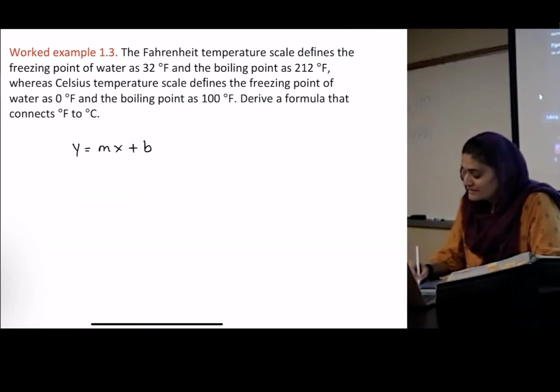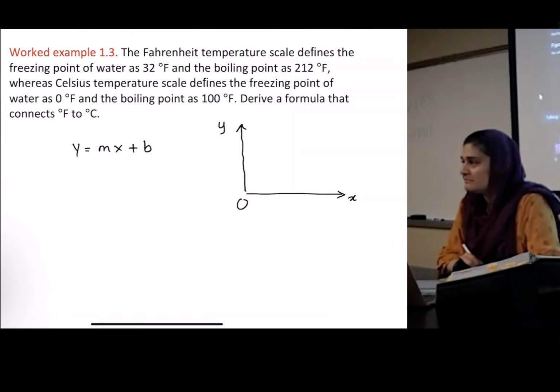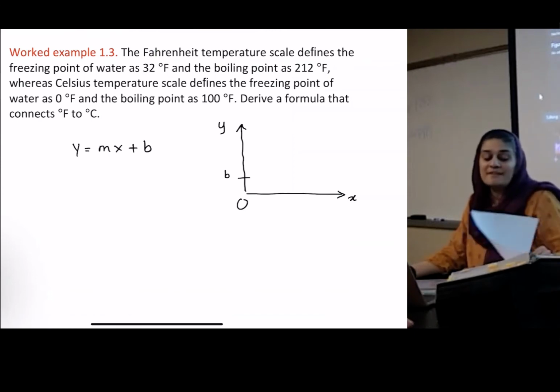So you need coordinates, X and Y, and you need your origin, X, Y, and what is B? Any point in which that line may hit. Now that you have that done and you have this equation, what can you tell me?